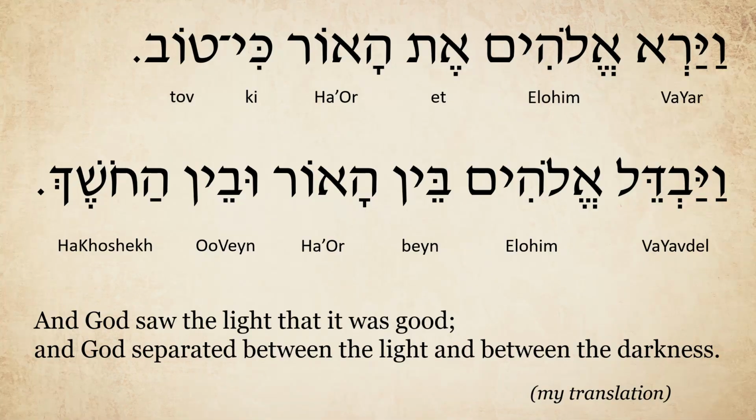Choshech is the fourth and last word we came across before. And here you have it, verse 4 of Genesis chapter 1. Let's read it again in Hebrew. VaYar Elohim et haor ki tov, VaYavdel Elohim ben haor uben hachoshech.